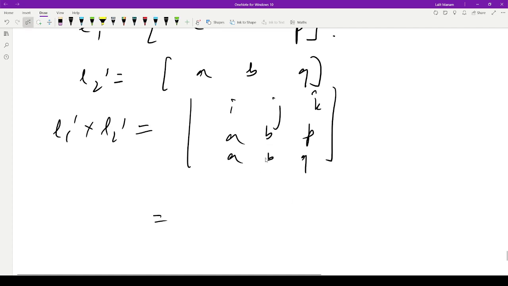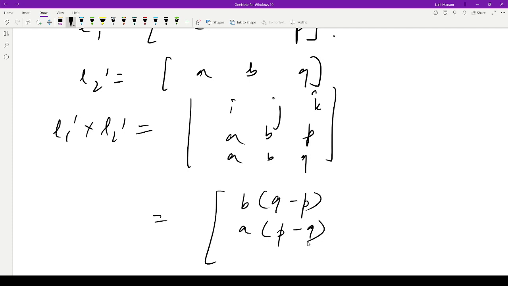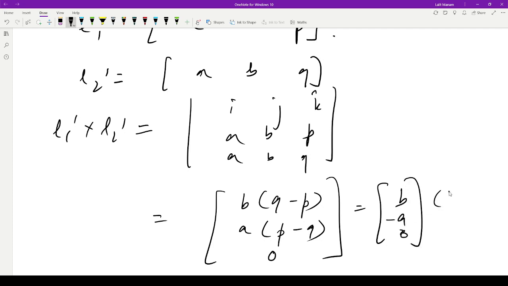What does it give? B times Q minus P. Here it will be A times P minus Q, and this is 0, right? Yes, sir. So we have B minus A 0 as our intersection point. Okay, it should be Q minus P.